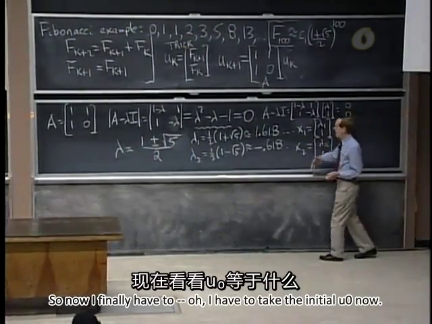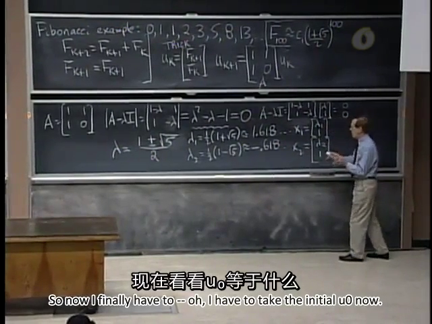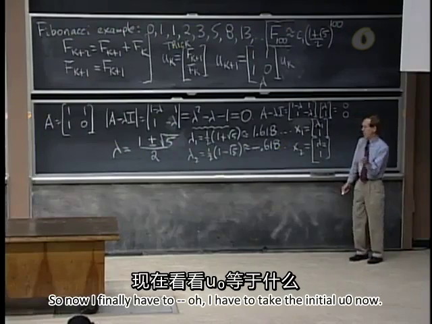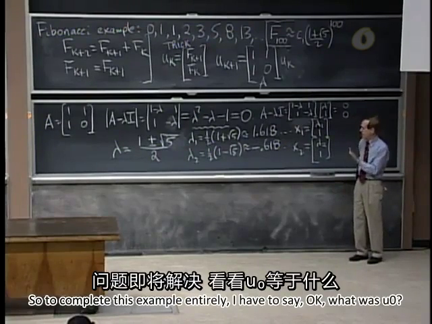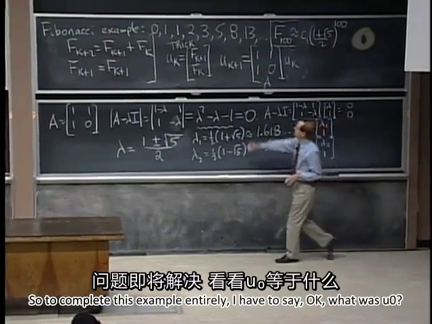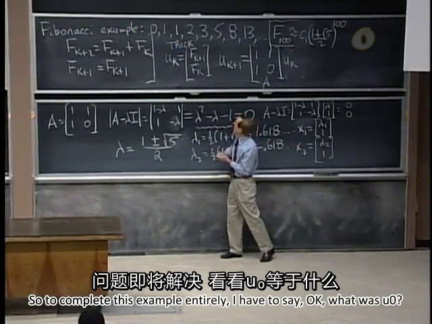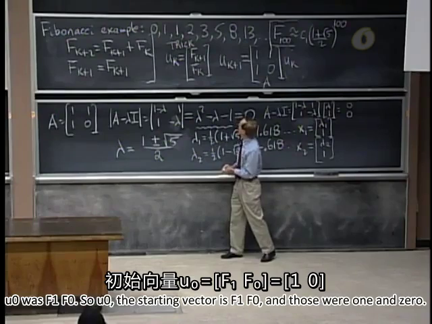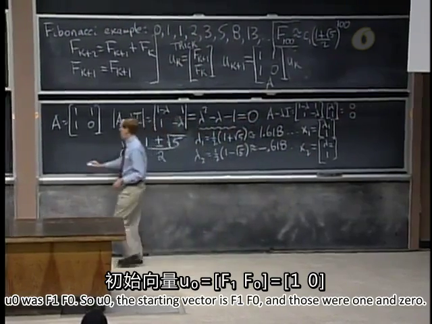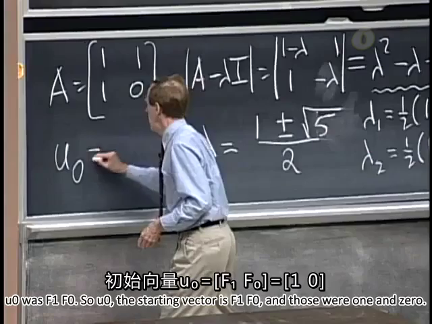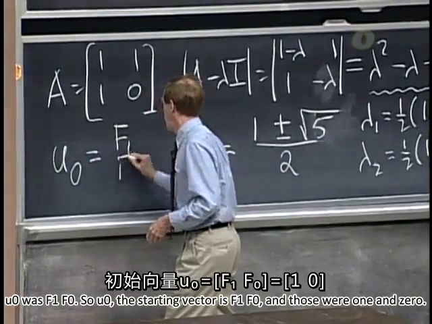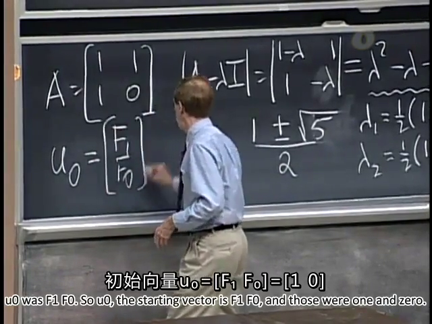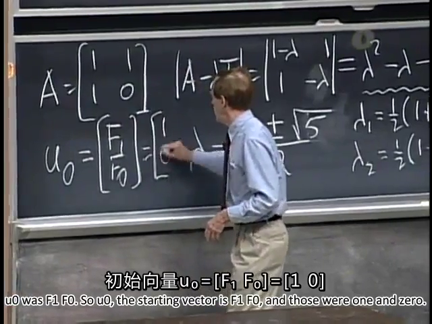So now I finally have to take the initial u0. To complete this example entirely, I have to say, okay, what was u0? u0, the starting vector, is F1, F0, and those were 1 and 0.